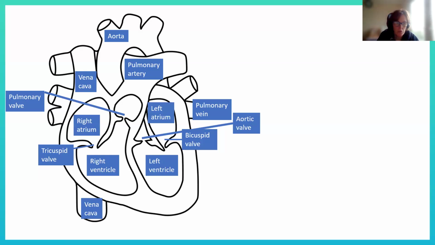So what I would suggest you do is learn these, learn them like you would if you had a spelling test in primary school, when you used to just sit down and learn to spell the words off by heart. These diagrams, I would learn to label them because you need to be able to get your head around them. If you're doing physiology courses later on, they would expect you to have understanding and be able to label this.